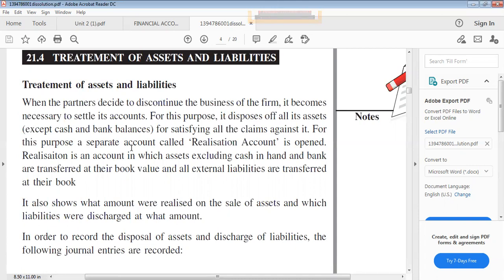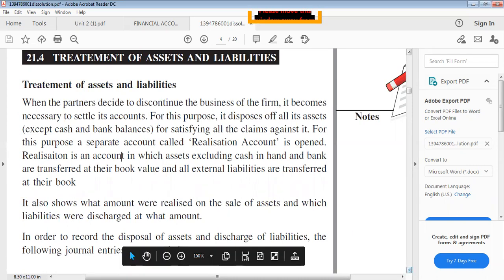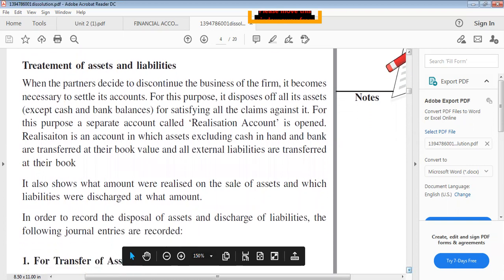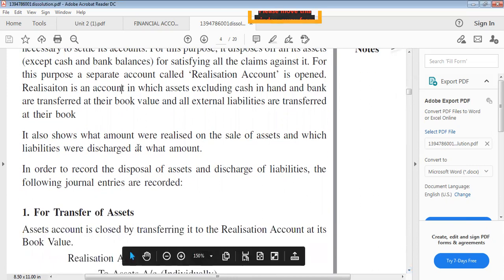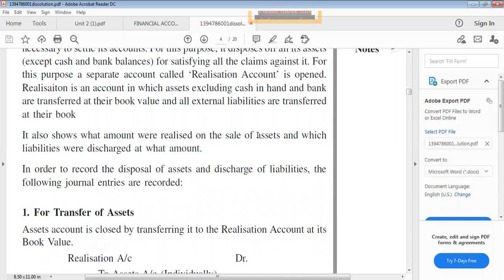Realization is an account in which assets excluding cash in hand and bank are transferred at their book value, and all external liabilities are transferred at their book value. It also shows what amounts were realized on the sale of assets and which liabilities are discharged at what amount.